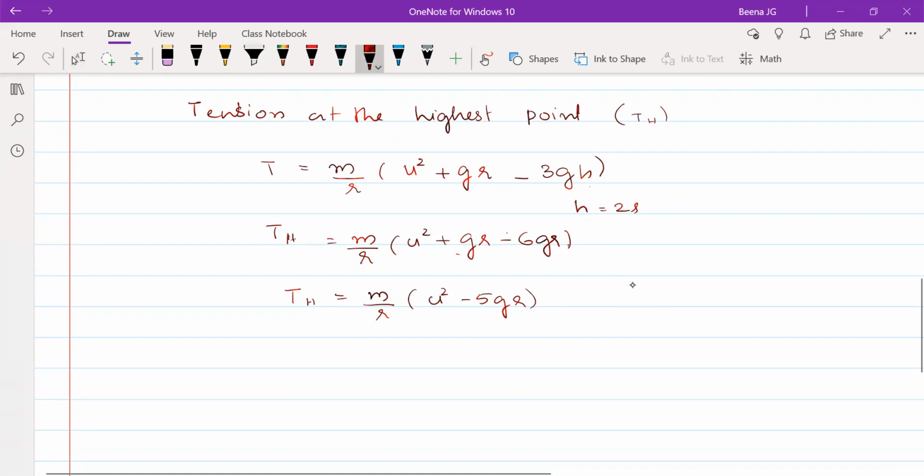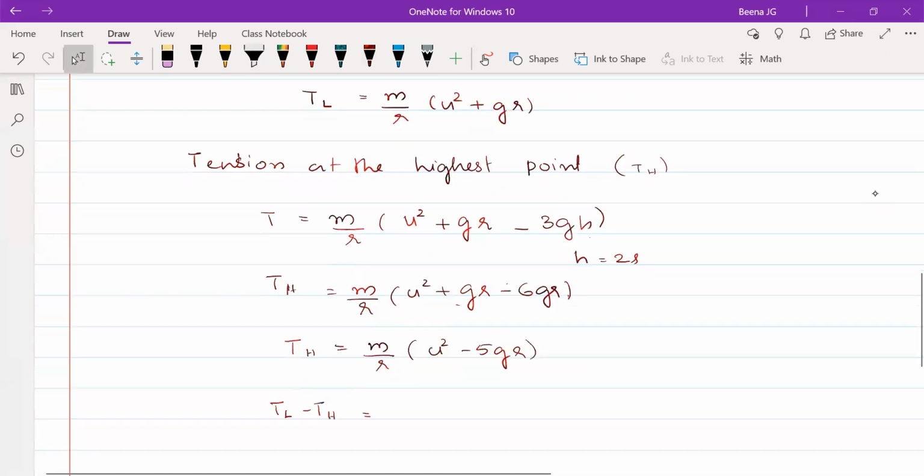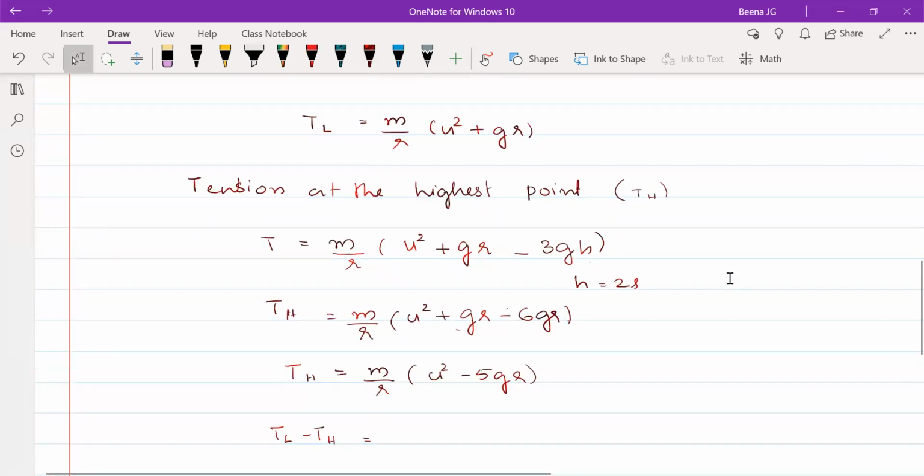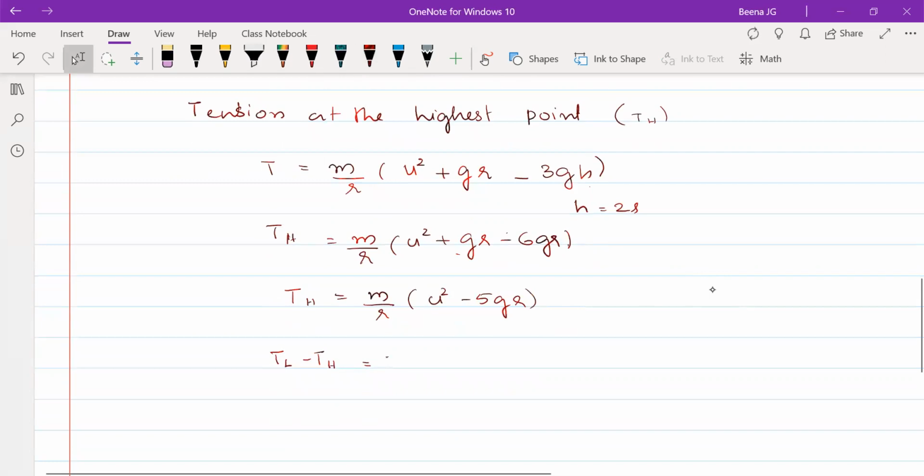Now, let's see what will be TH minus TL. Sorry, we'll go for TL minus TH. TL is equal to m by r into u square plus gr, minus m by r into u square minus 5gr.